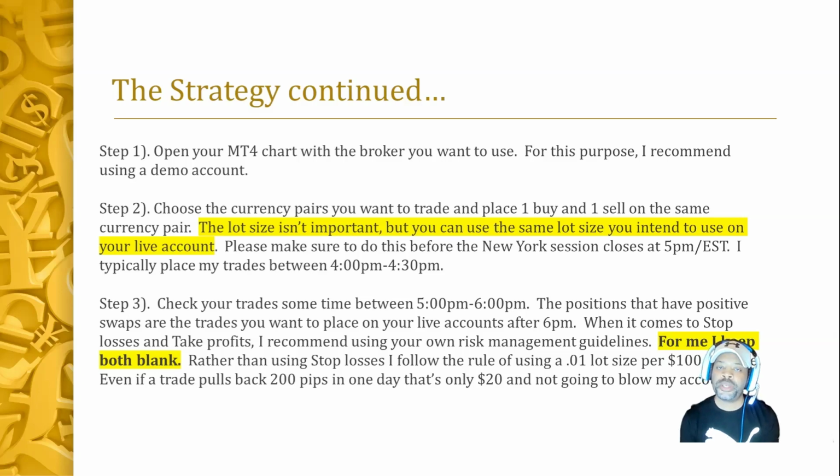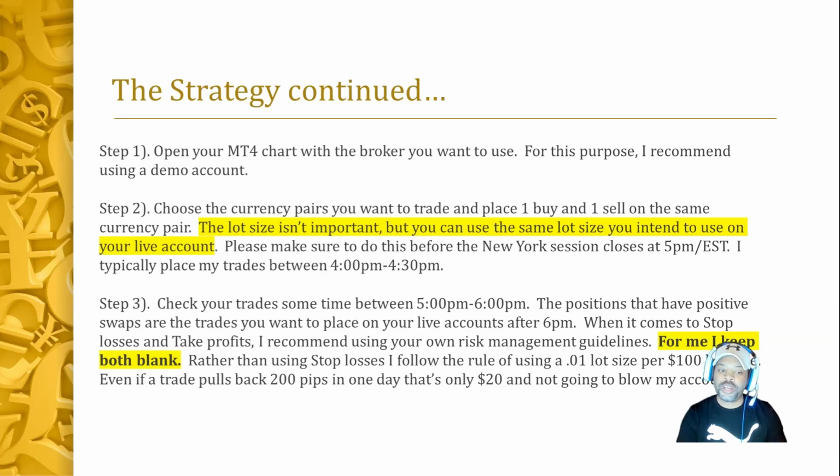And I do this because the market really isn't moving after 4, so I don't have to worry about any sudden moves throwing things off, because typically from 4 to 5, whatever the price is most likely going to be the same for the rest of the day. All right, and then on step 3, check your trades sometime between 5 to 6 p.m. The positions that have positive swaps are the trades you want to place on your live accounts after 6 p.m.